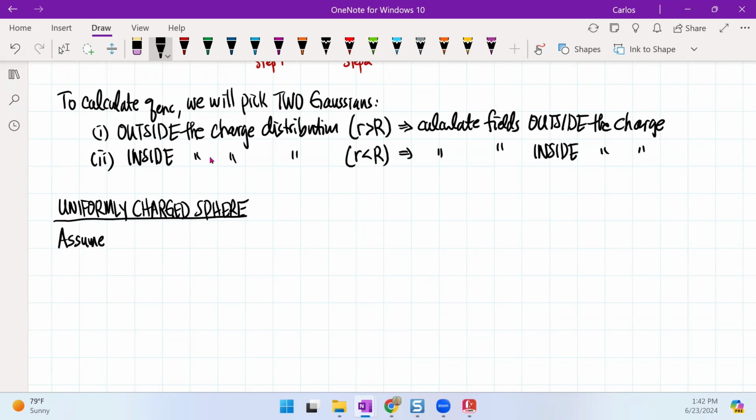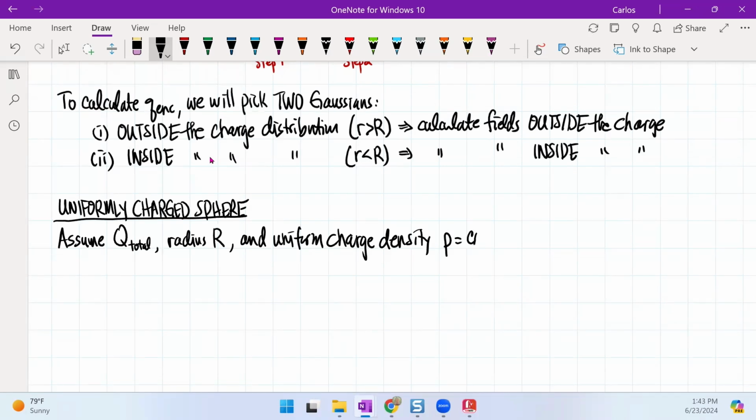We assume Q total, radius big R, and uniform charge density, which means rho is equal to a constant.